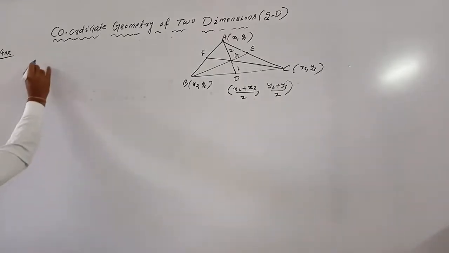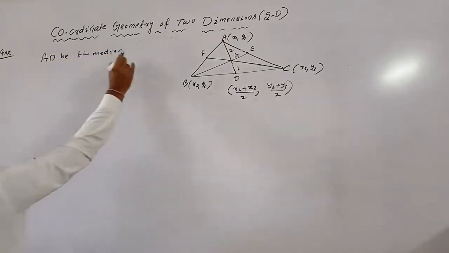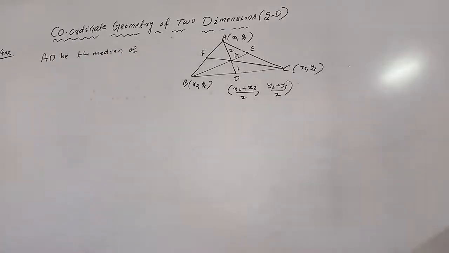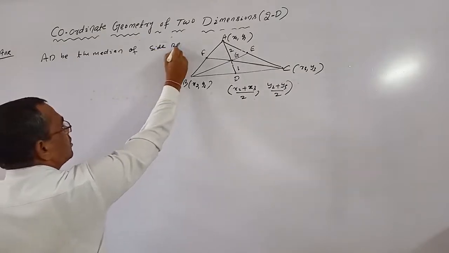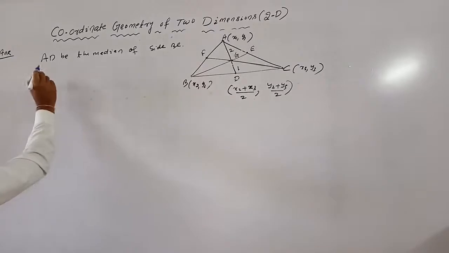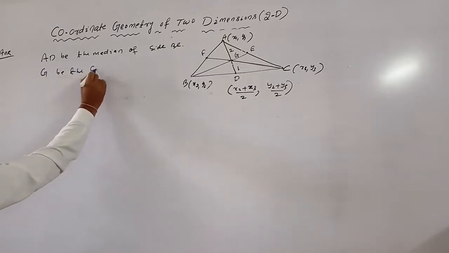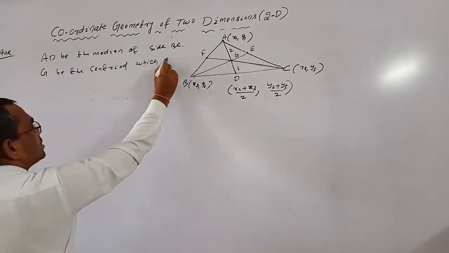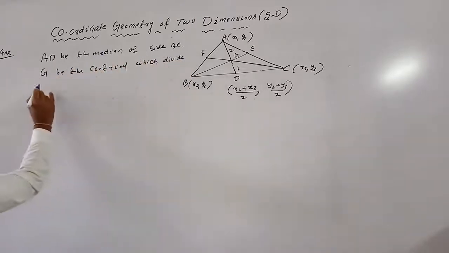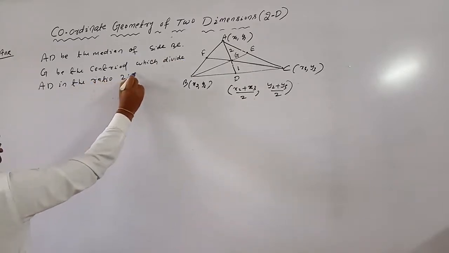So AD is the median of side BC, and G is the centroid which divides AD in the ratio 2:1.